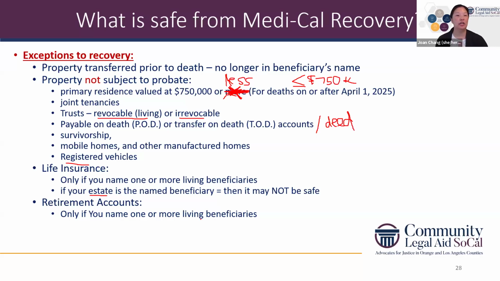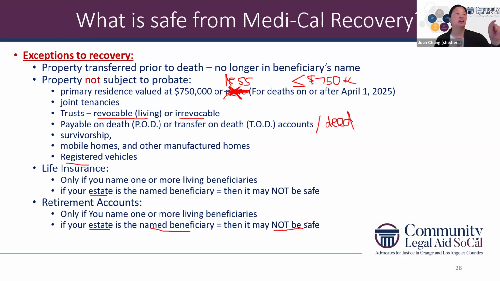So I always tell my clients, for life insurance policies and retirement accounts, it's always a good idea to look at them at least on an annual basis just to update them, because maybe you've listed someone who's already passed away. And again, for retirement accounts, if your estate is the named beneficiary, you may not be safe depending on how your estate is held. If it's through a trust, I think you're still going to be okay. But if it's not and it's just going to go through probate, you may be in danger.